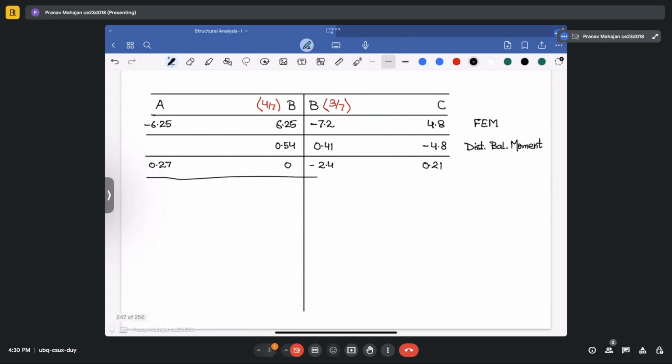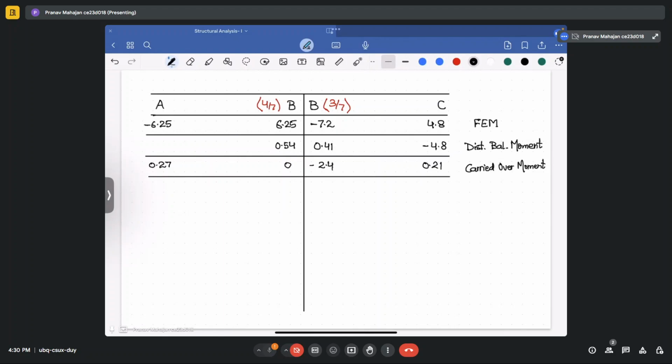So this step will give you your carried over moments, and this step will continue till the unbalanced moment will converge and reach very low values.